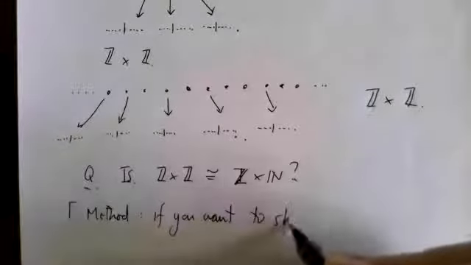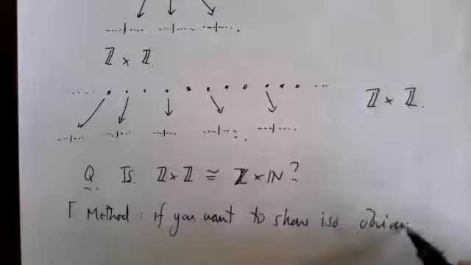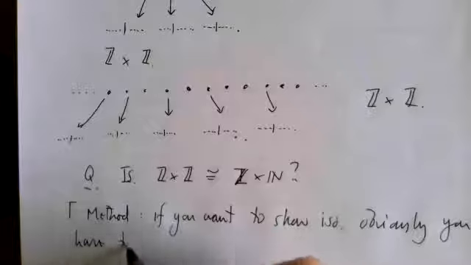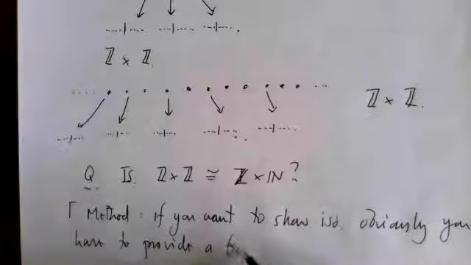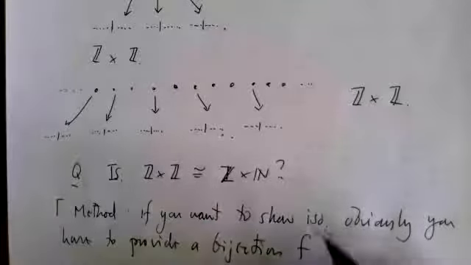So if you want to show isomorphism, obviously you have to provide a bijection F from one to the other, which preserves the order.